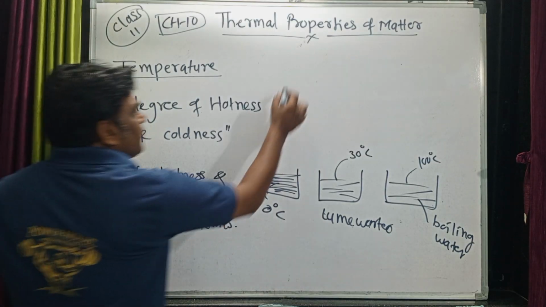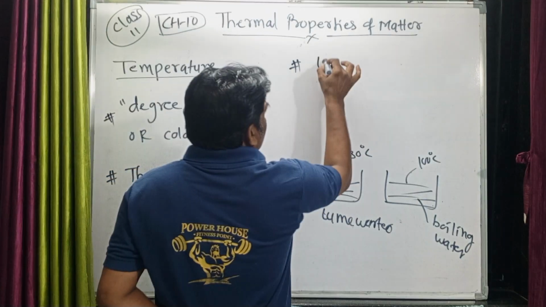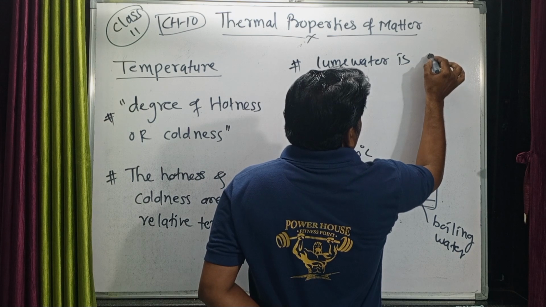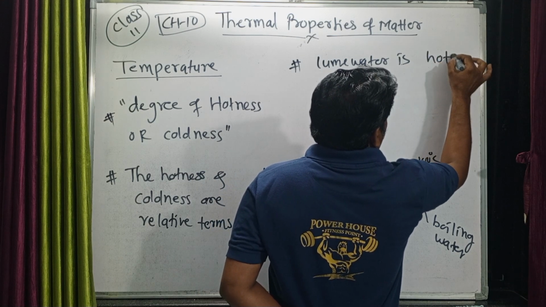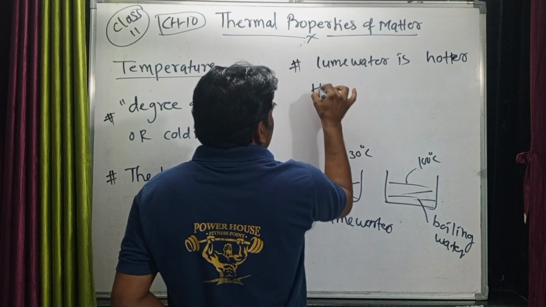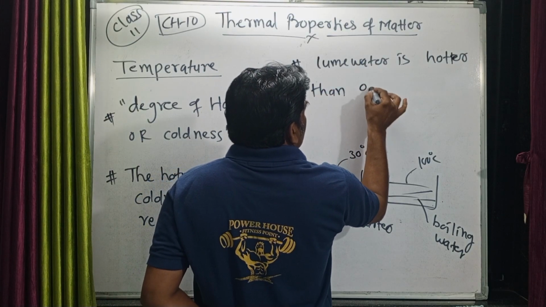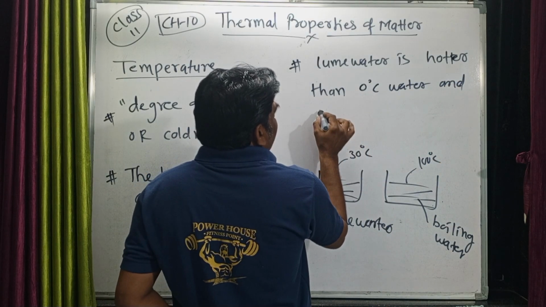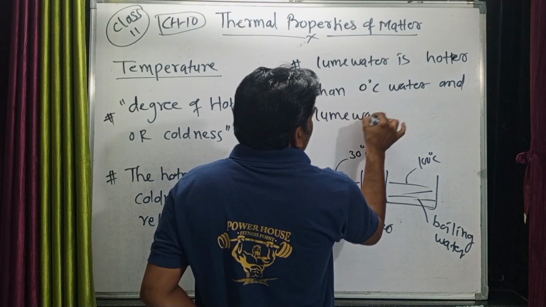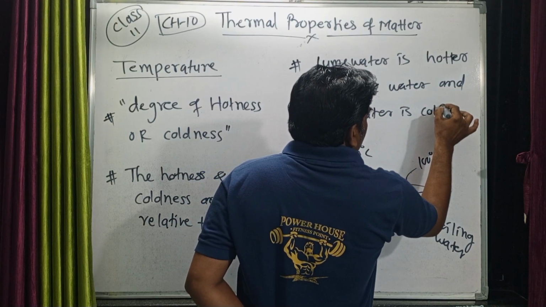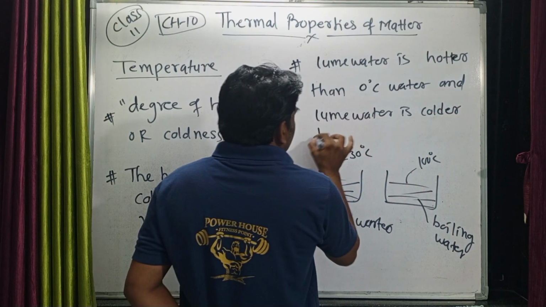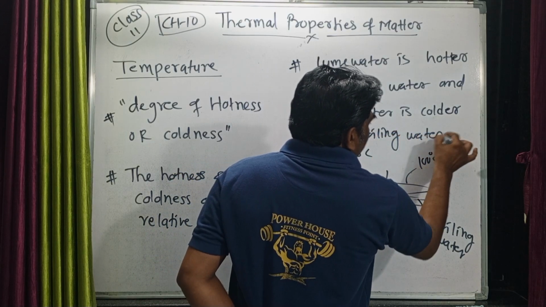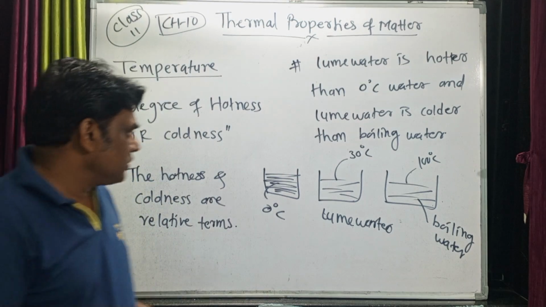If you want, you can write here: lukewarm water is hotter than 0 degree centigrade water, and lukewarm water is colder than boiling water. This is the meaning of relative term. So note down this.